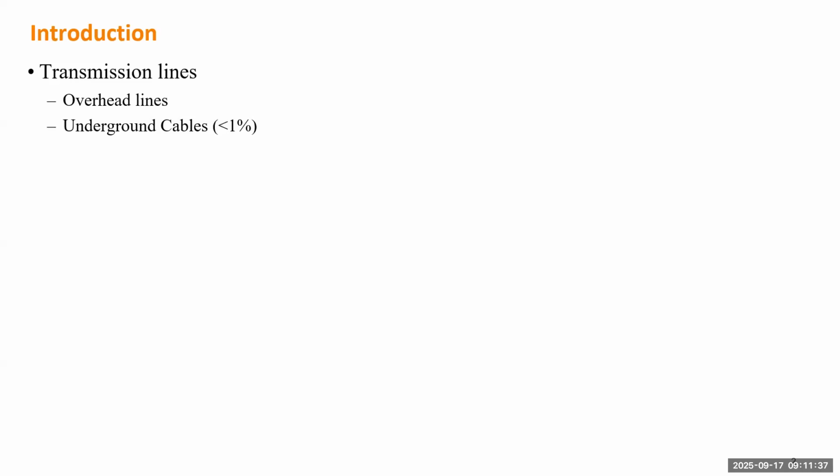It may take up to maybe 20%, but at the high voltage level, usually transmission lines are overhead lines, not underground cable. But in some areas, like rich areas, the people don't want to see the overhead lines, so they prefer to pay more to put the lines underground.